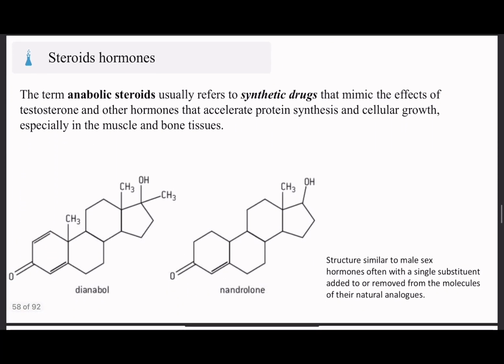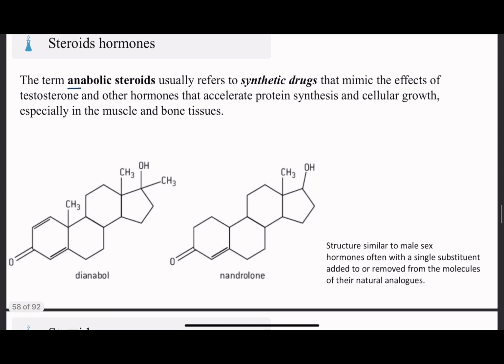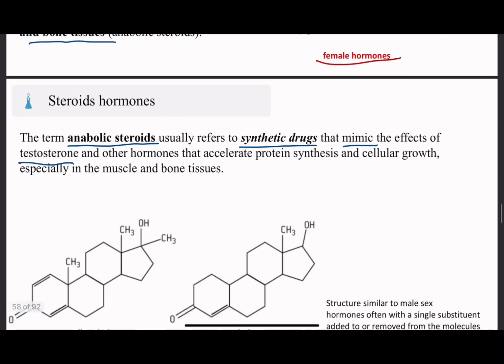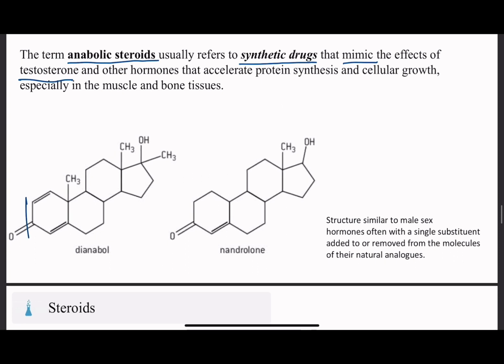So the other steroids we have are called anabolic steroids. They use this a lot in the bodybuilding industry. They use it as synthetic drugs that mimic, like give the effect of, testosterone. So you see, testosterone and, for example, Dianabol, which is very famous in the industry, have the same backbone.